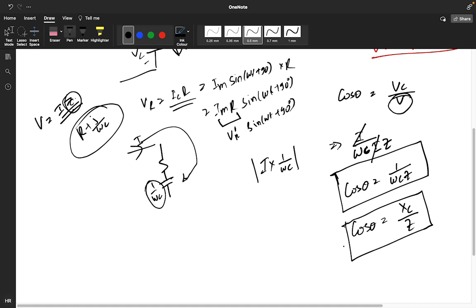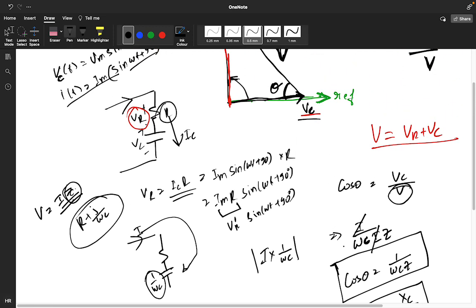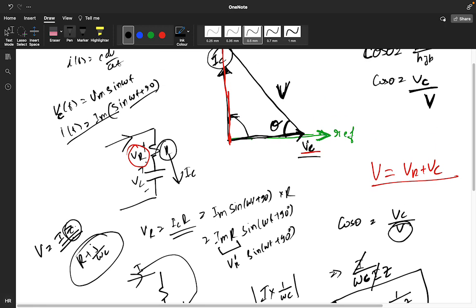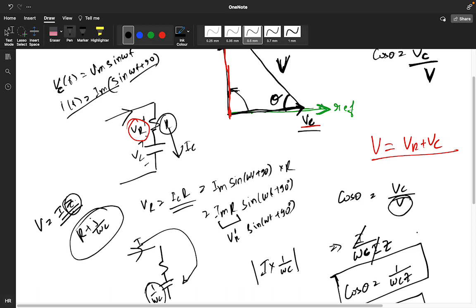This part is clear, Prasanna? Or still having any doubt? We are writing 1 by omega C as XC, right? See, Prasanna, what I am telling, did you understand how VC by V came? Yeah, I understand that. So what I am telling, VC is what?